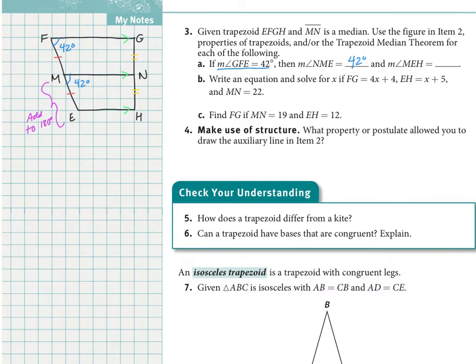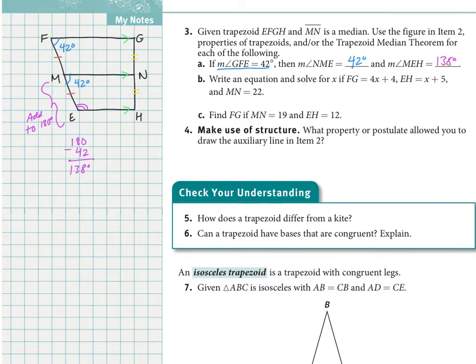So that can help us find out what this measure is going to be. We could easily do 180 minus 42. When we do that, we're going to get 138 degrees. So the measure of MEH is 138 degrees.